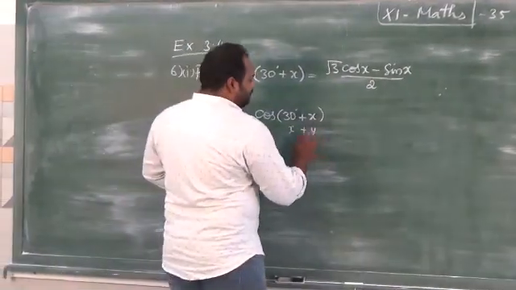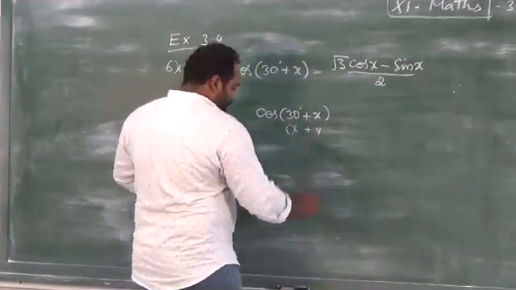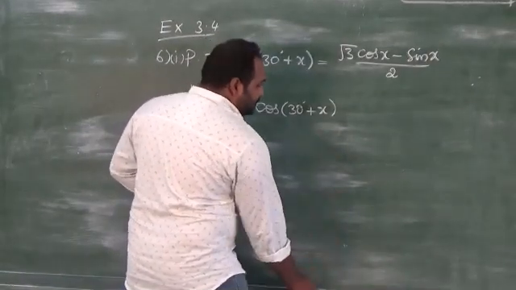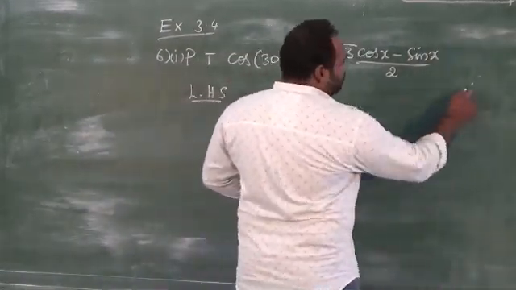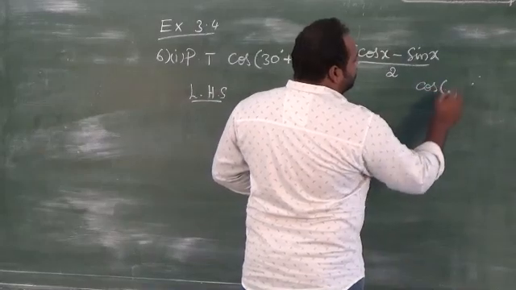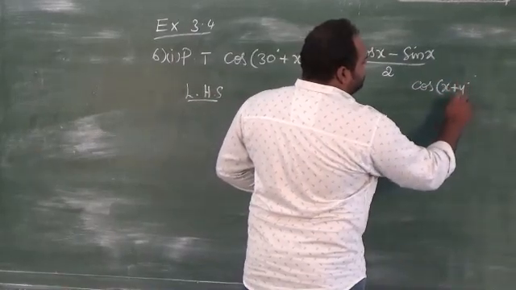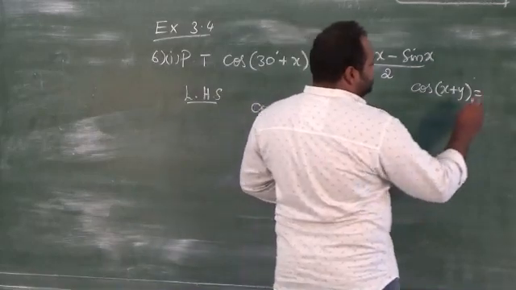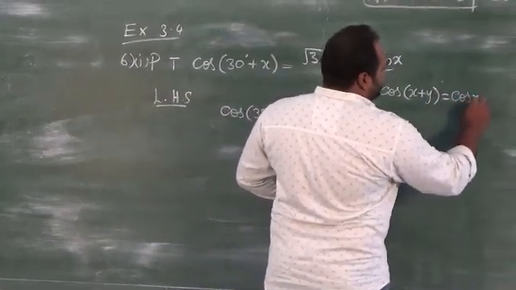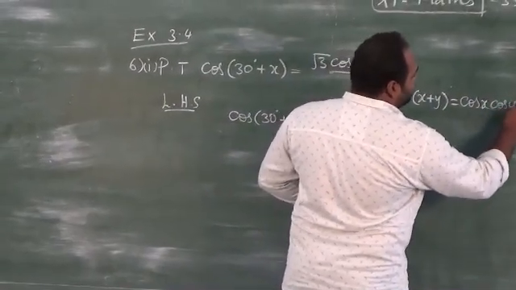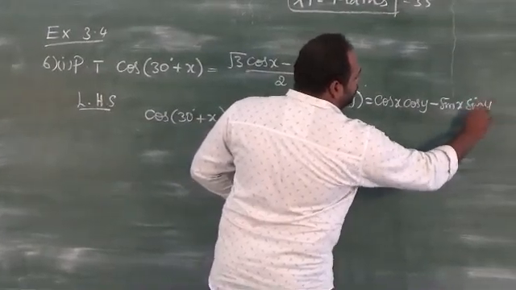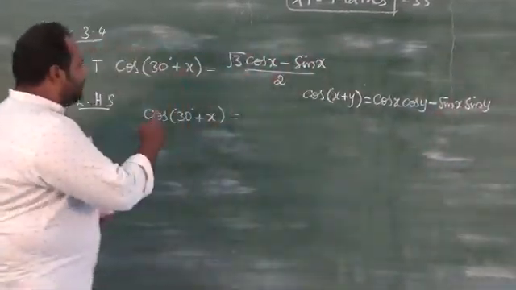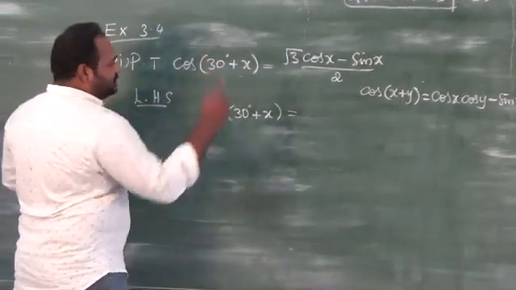We know the formula. We just write the formula near to the answer. It will help you to remember when you study for the examination. So cos x plus y formula is cos x cos y minus sin x sin y. So I am going to use this formula to solve this problem.